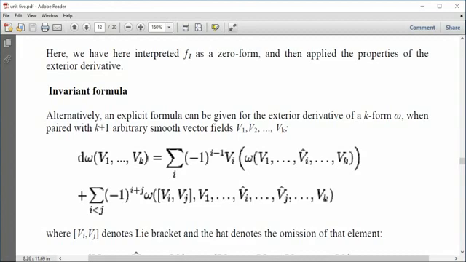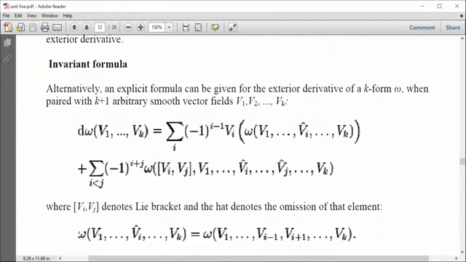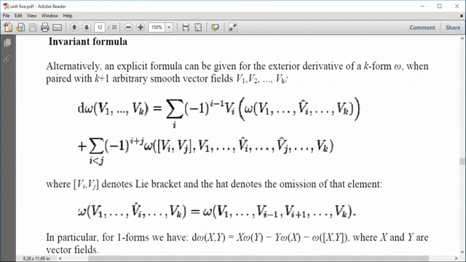So the derivative of this is actually the summation of negative one to the power i minus 1, into the respective ith field, for which it carries the pairs V1, V2 up to any other V, let's call it Vn.